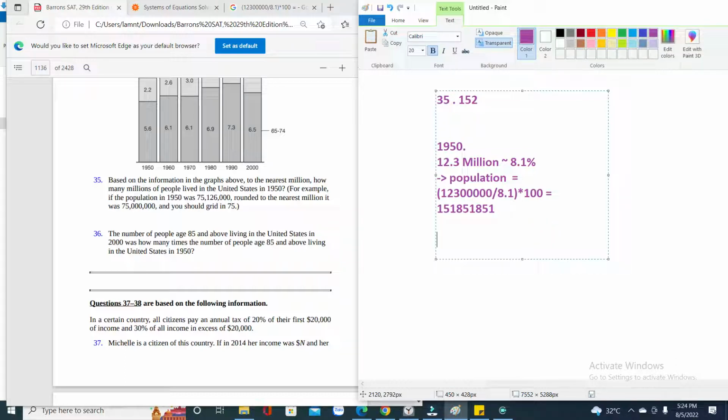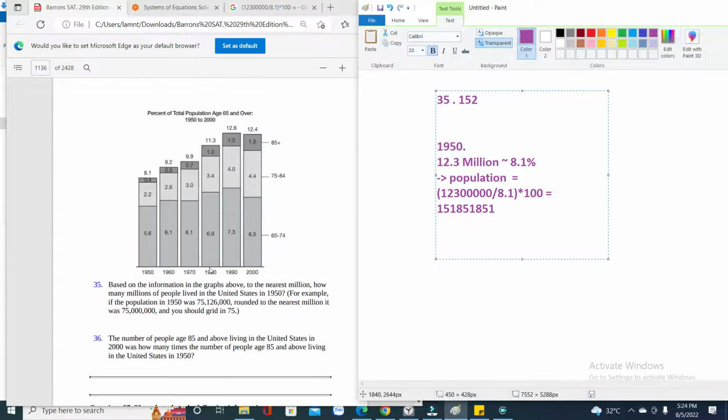36. The number of people aged 85 and above living in the United States in the year 2000 was how many times the number of people aged 85 and above living in the US in the 50s? Okay, so 36.